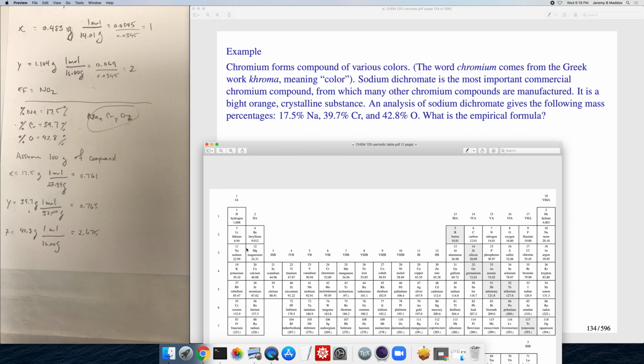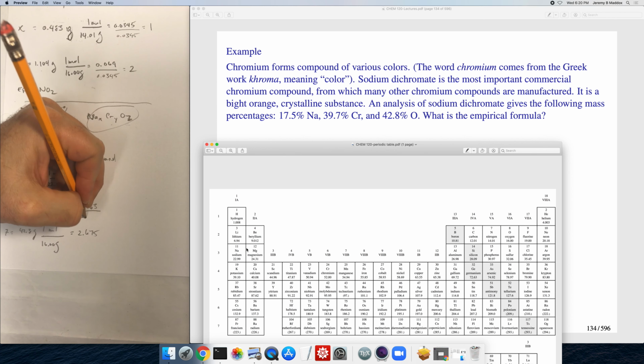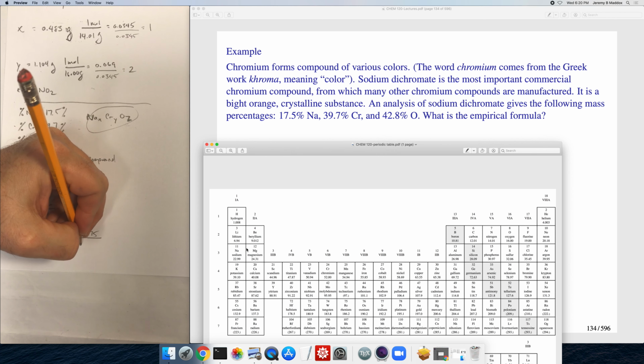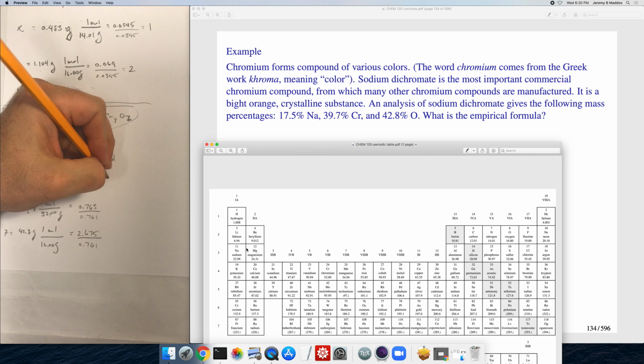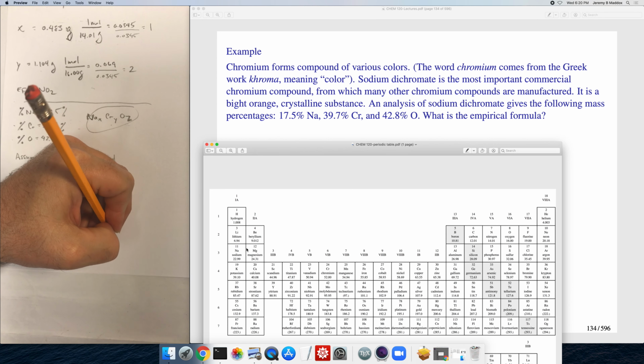So what you'll want to do is take a look at these moles and figure out which one is the smallest, and then you'll divide all three of them by the smallest number. So that's the 0.761. That's going to give you 1. This is going to give you something that's very close to 1. And then for the other one, we're going to get approximately 3.5.